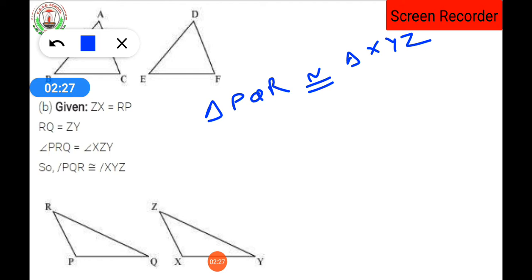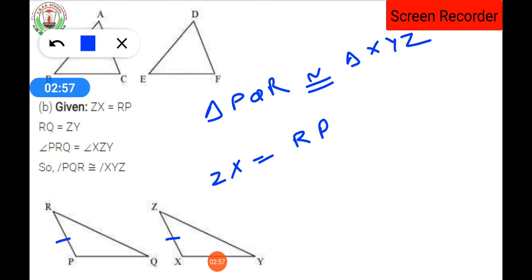The condition given is that ZX is equal to RP. That means the measurement of ZX, if it is 3 centimeters, then the measurement of RP will also be 3 centimeters. That's why it is said equal. Equal means their measurements will be equal, isn't it?